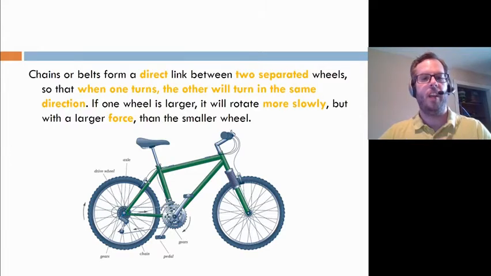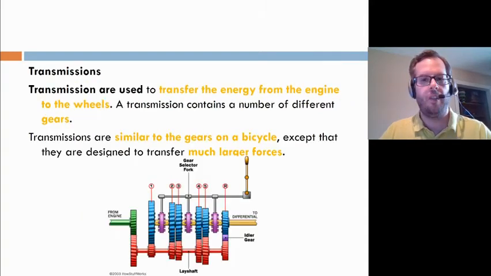Now, if one wheel is larger, it will rotate more slowly but with a larger force than the smaller wheel. I'll come back to this idea in a couple of minutes when we talk about gears, driving gears and driven gears, and then whether it's a speed advantage or a force advantage.